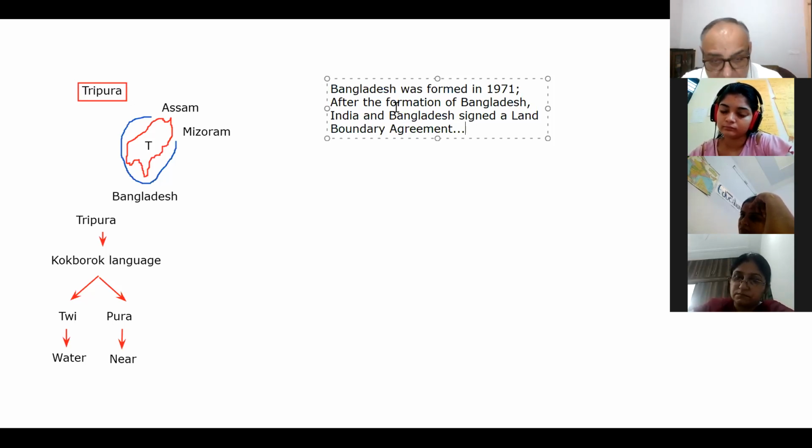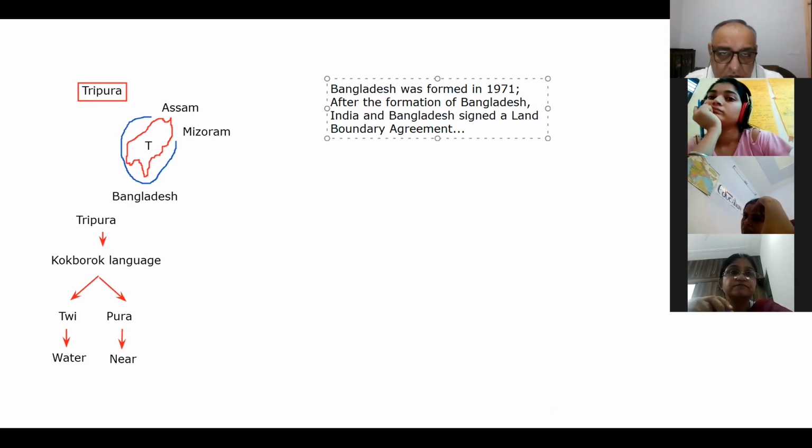So basically, let me show you the map also. I want to show you the map also. Let me download it for you.